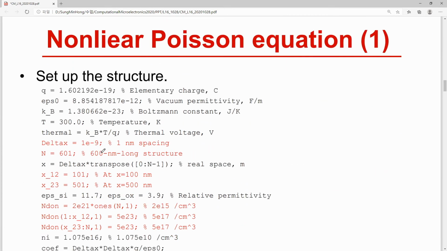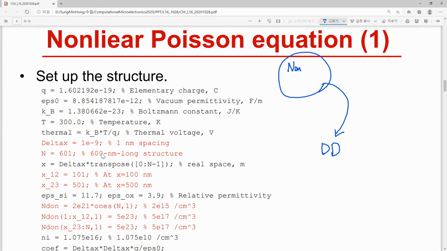And as you know, we cannot directly dive into the drift-diffusion equation. It's not possible. Simply you can try, but it is not successful. So the safe way is to first solve the nonlinear Poisson equation at equilibrium. It is almost always guaranteed that you can solve the nonlinear Poisson equation without much difficulty.